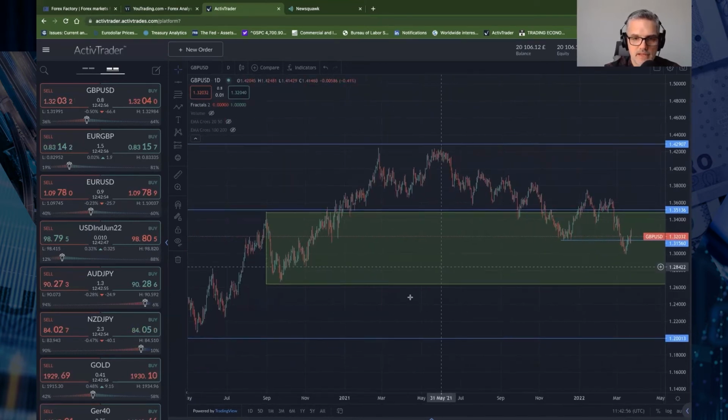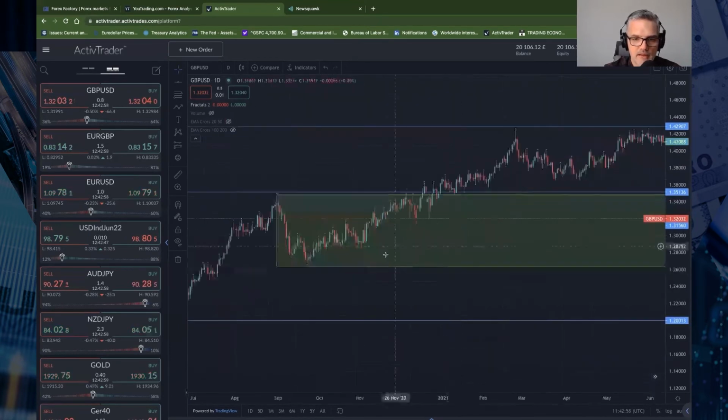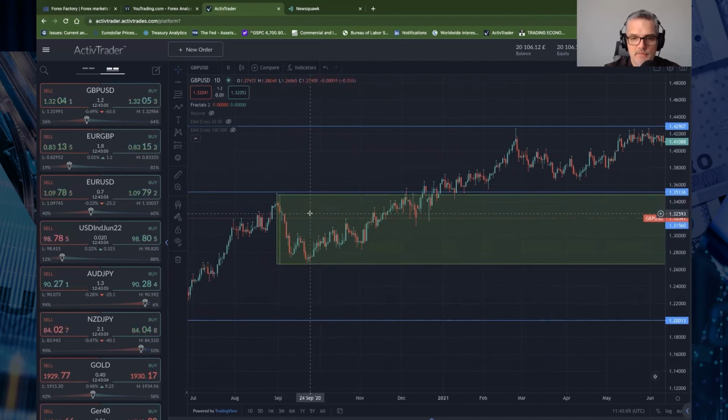All right, so if we look to the left into this area here, this was the big move down that we said could be possible demand. Looking through all the highs here on the daily chart, everything's been tested, so there's no imbalances.